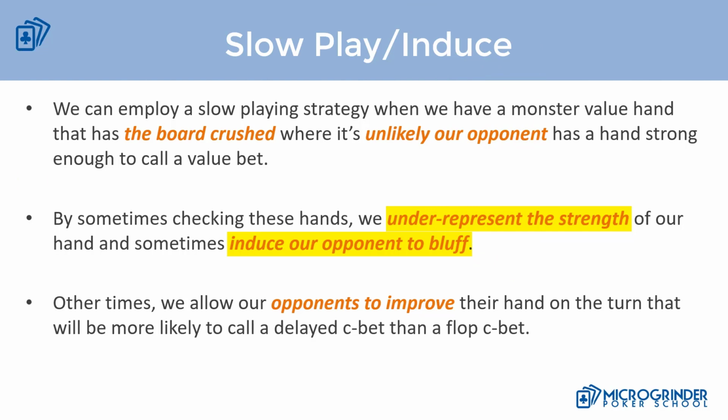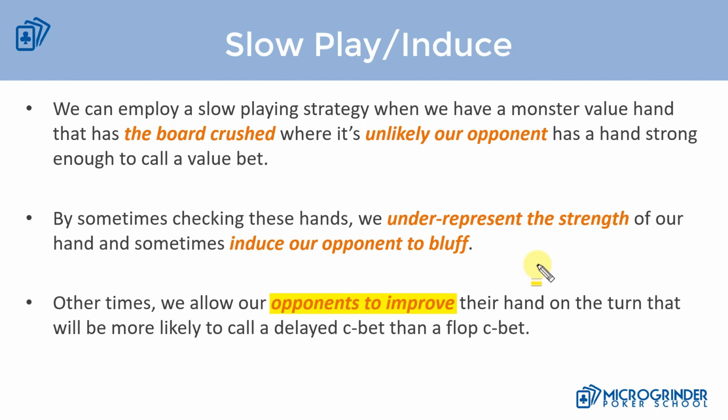So that's the first benefit of slow playing. We're inducing our opponents to bet as a bluff, or to bet with worse hands that they think are the best hand. The second thing is that if we check back and our opponent checks back, we allow them the opportunity to improve their hand. Let's say that they have ace high and an ace hits the turn, but we still have the board crushed. Well, guess what? They just improved their hand, or we allowed them to improve to a lower flush, or a lower boat, or 2 pair or a set.